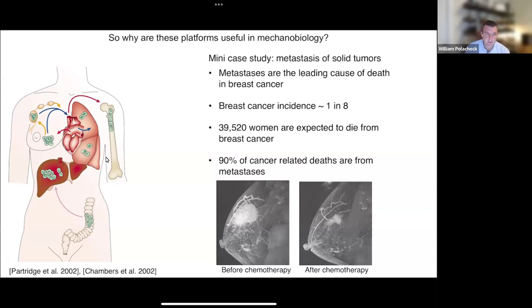So this is probably a review for you, but for solid tumors, particularly those of epithelial origin, so carcinomas, metastases, or the formation of tumors distant from the primary tumor, are the leading cause of death in most solid tumors, but particularly in breast cancer.